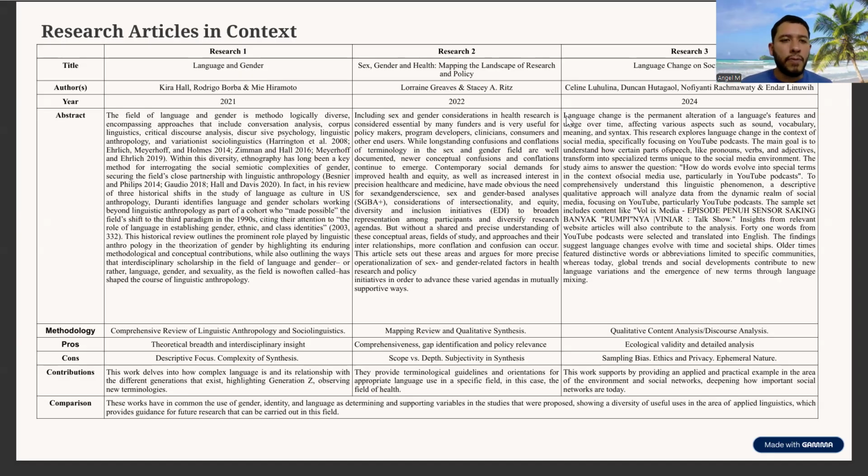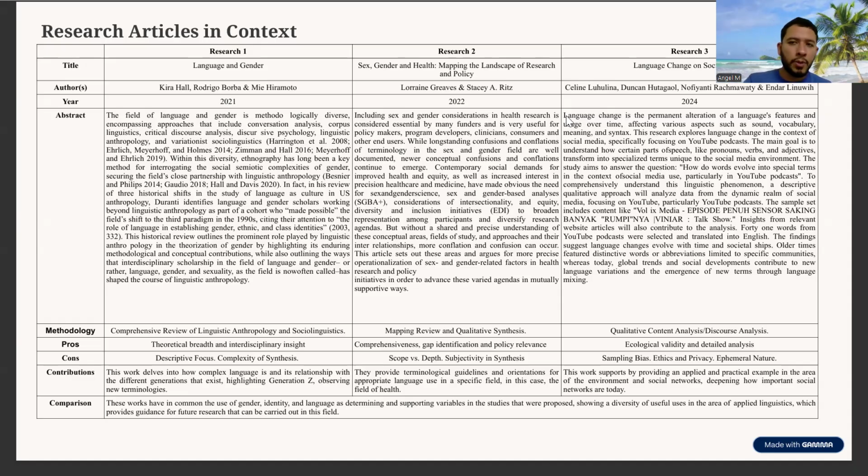Abstract: the field of language and gender is methodologically diverse and uses conventional approaches that include conversation analysis, corpus linguistics, critical discourse analysis, discursive psychology, linguistic anthropology, and variationist sociolinguistics. The methodology was a comprehensive review of linguistics, anthropology, and sociolinguistics.